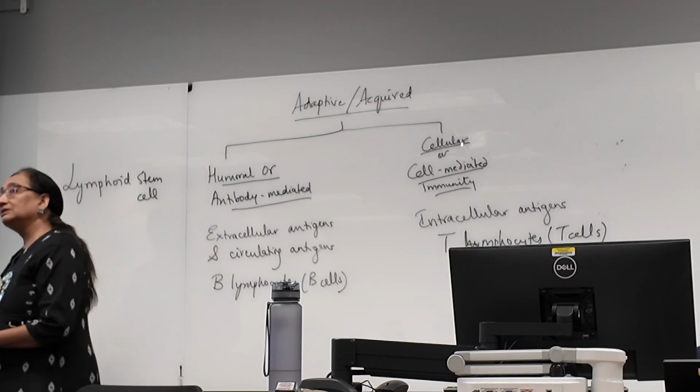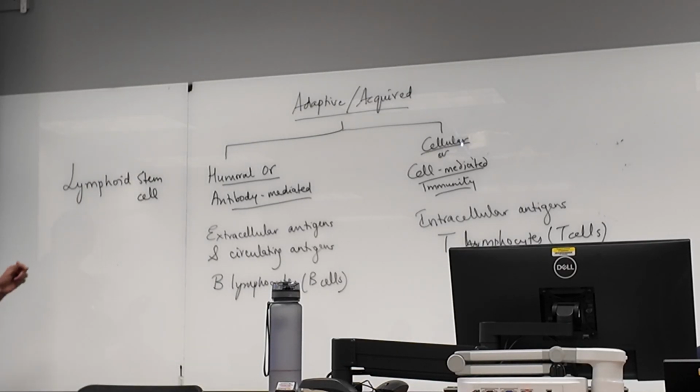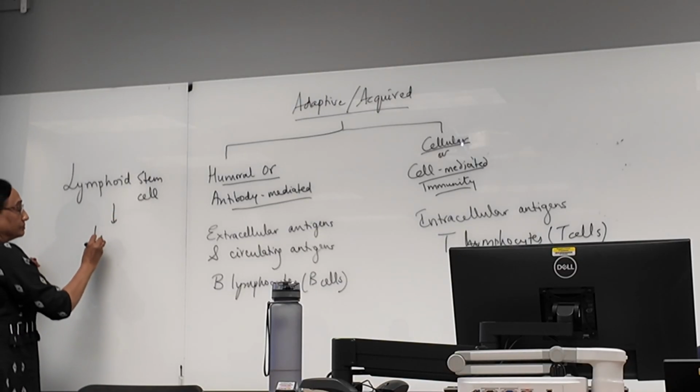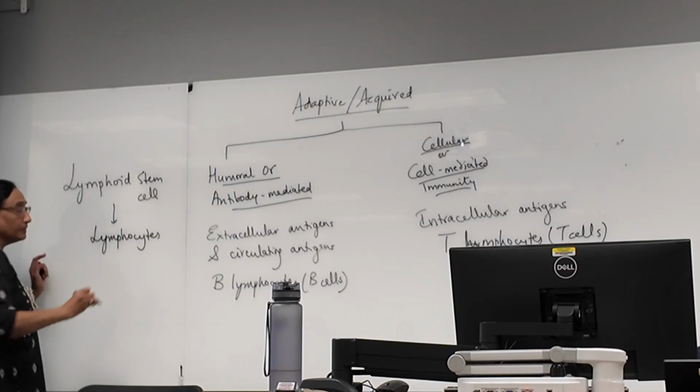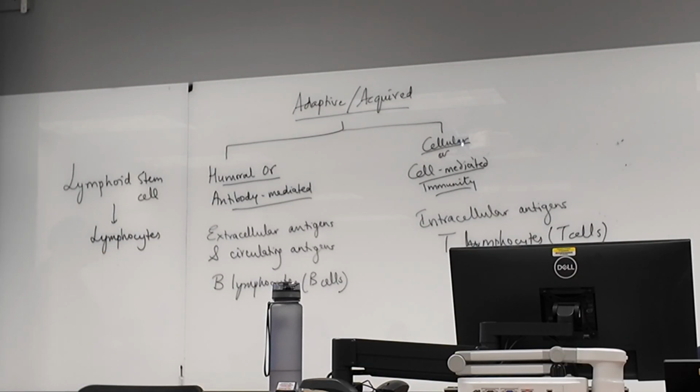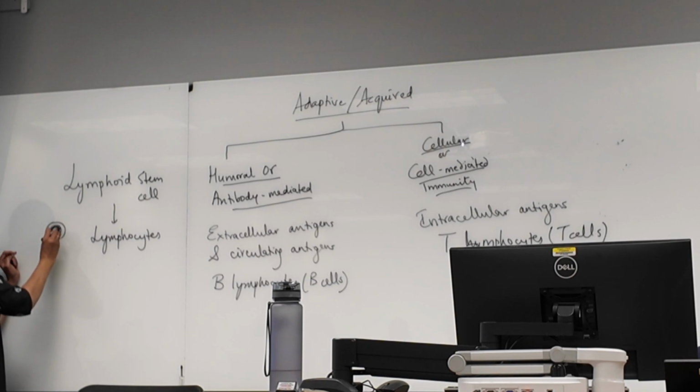This cell then gives rise to lymphocytes within the bone marrow. Lymphocytes are very simple cells: a cell membrane and a big round nucleus. That's how a lymphocyte will look.